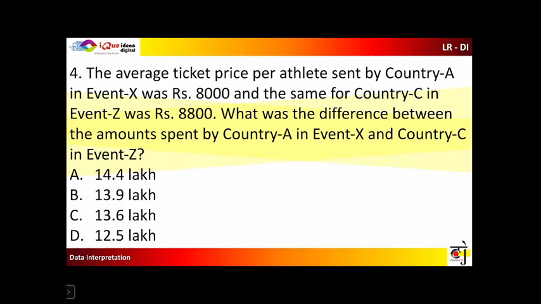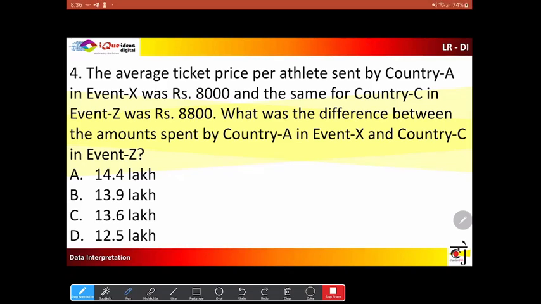So the average price per athlete country A in X, 8,000 multiplied by 720. And the same for country C in event Z was 8,800 multiplied by 500. So first, eliminate the common number of zeros. Both have 4 zeros, so eliminate all the zeros.